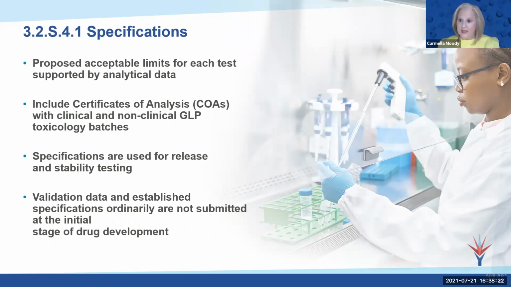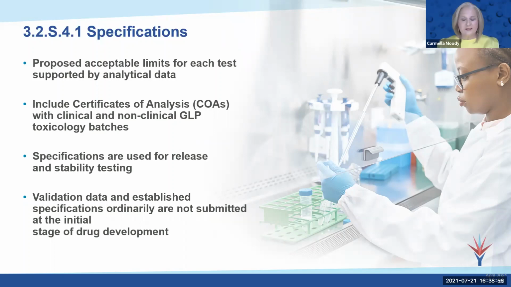You have to include acceptable limits for each of those tests. Usually the things that you have determined to be the critical quality attributes in your manufacturing process are often the components or the parts of the process where you will actually put a specification limit.